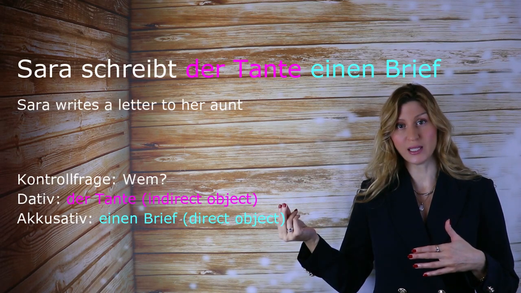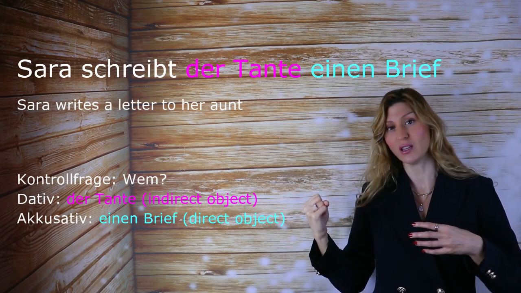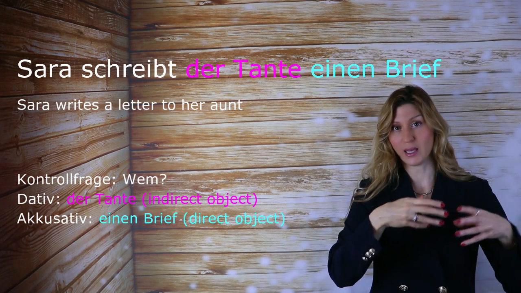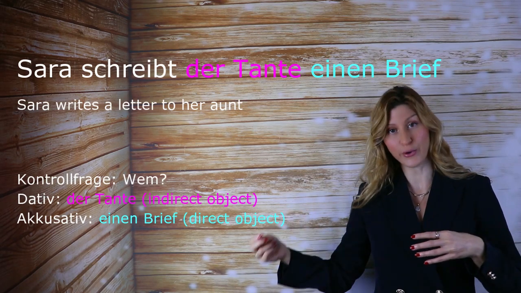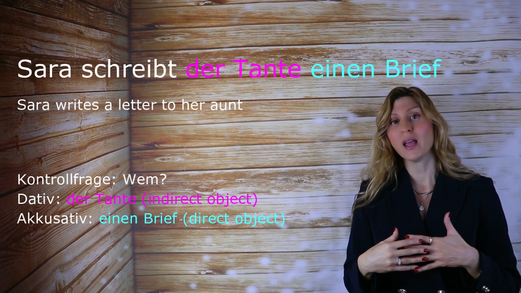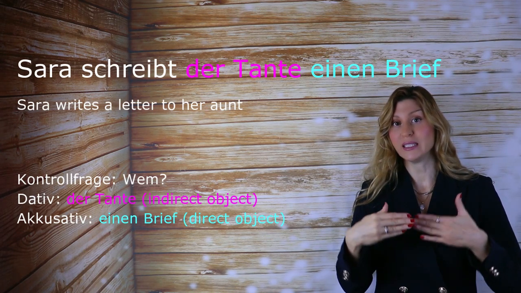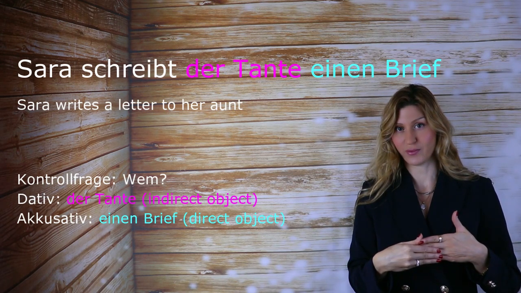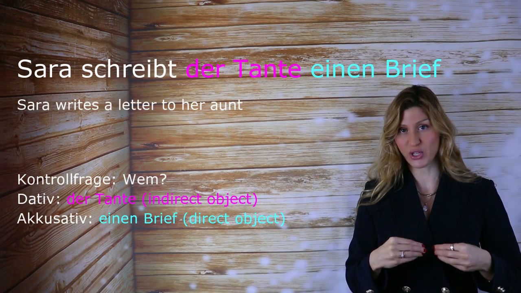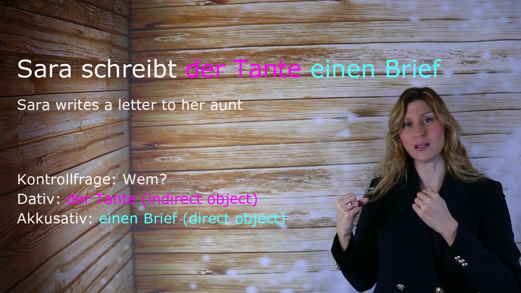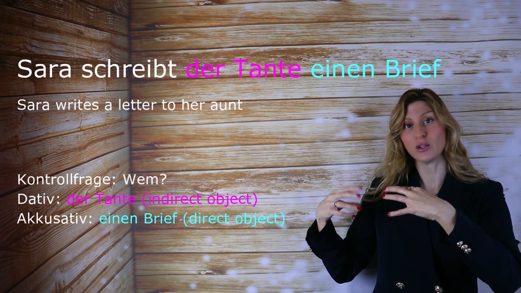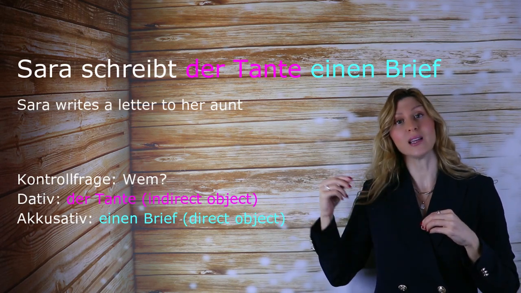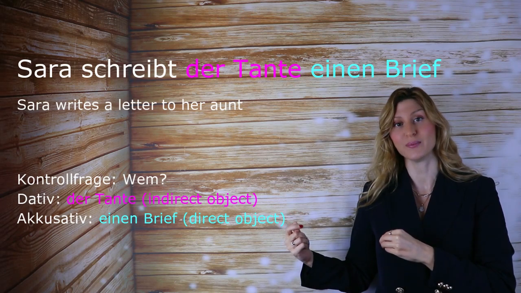Accusative is the direct object, and it receives the action from the subject. Sarah is writing a letter, it receives the action from the subject, and then we have der Tante, and der Tante is dative. It's the indirect object, and it receives an action from the direct object. And in this context, it's the second person, and it's the person that is intended.